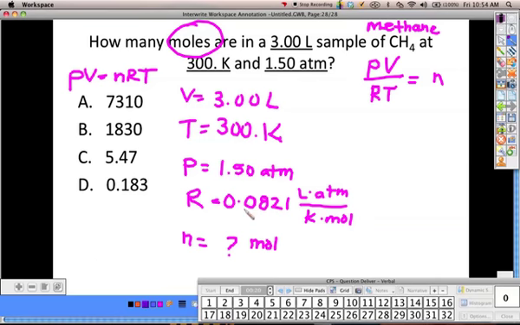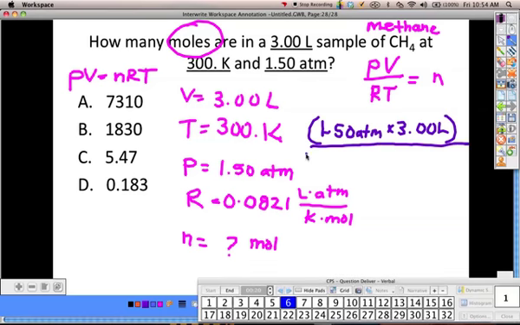At this point, I can just plug and chug. So pressure is 1.50 atmospheres. That'll get multiplied by my volume of 3.00 liters. That will get divided by my universal gas constant, 0.0821 liters atmospheres over Kelvin moles, multiplied by my temperature at 300 Kelvin.